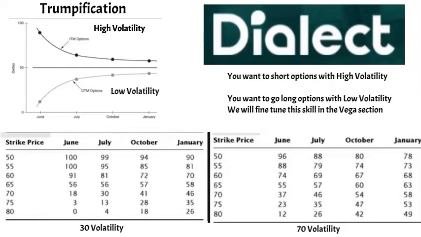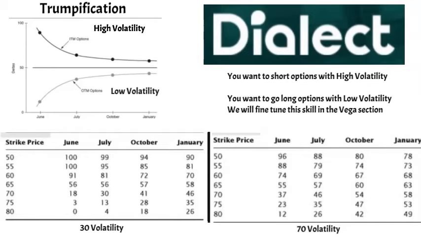Many investors don't understand that their positions can change even though the stock price doesn't move up or down. Those changes can lead you to unexpected losses. And so understanding this Trumpification effect on the delta due to time or volatility is very important. So let's look at the Trumpification effect that volatility causes with the delta, right?